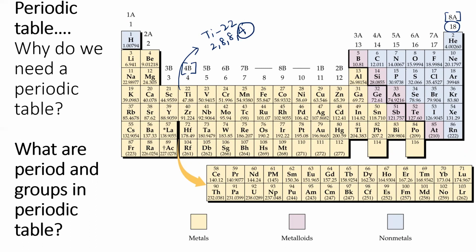Okay. So just the name is given as 4B or A, but 4 means group 4. Same thing if I see with manganese, Mn, which has 25, and it can be written as 2, 8, 8, 7. Because the valence electron is 7, it should be in group 7.